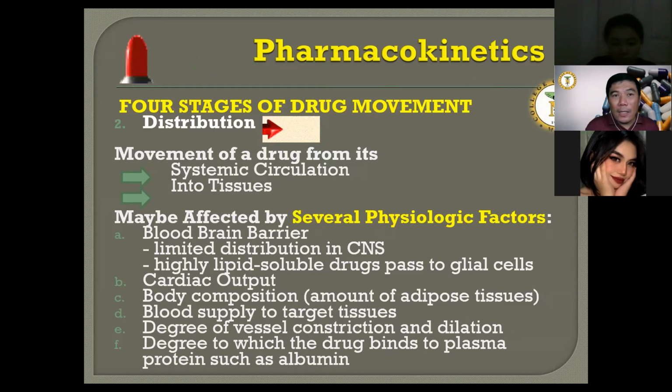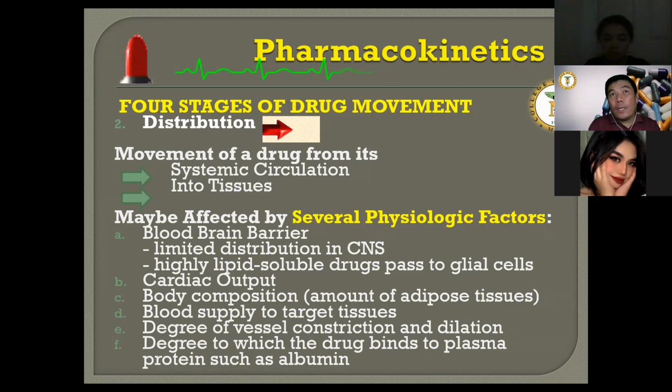So that's why drugs may have limited distribution in the CNS, and usually these are highly lipid-soluble drugs. What do you mean lipid-soluble? Yung mga drugs that are fat-soluble. Sa fat-soluble drugs, it passes through the glial cells. At sila ang nagiging in charge para ma-prevent yung damage into the brain.